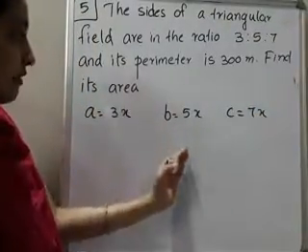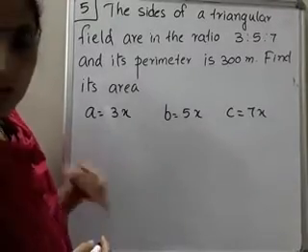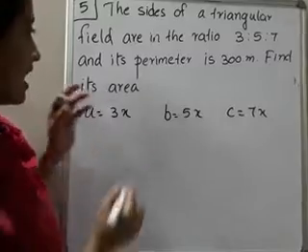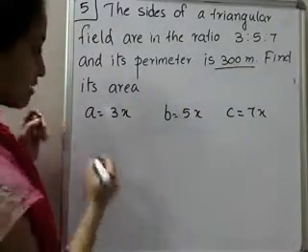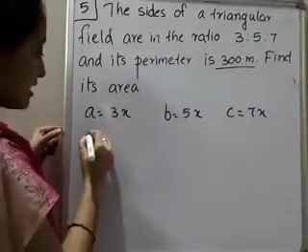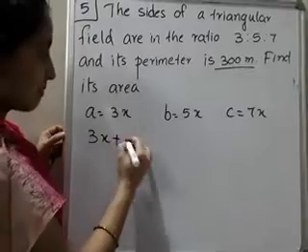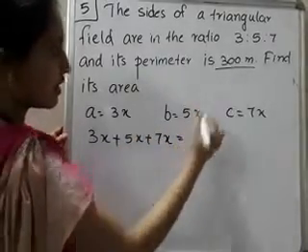3x, 5x, 7x. And then how will you find x? Then only we can move on, is it? So how will you find x? Yes, the other hint is that perimeter is 300 meter. Perimeter means adding A plus B plus C. That is 3x plus 5x plus 7x is equal to 300, as given in the question.